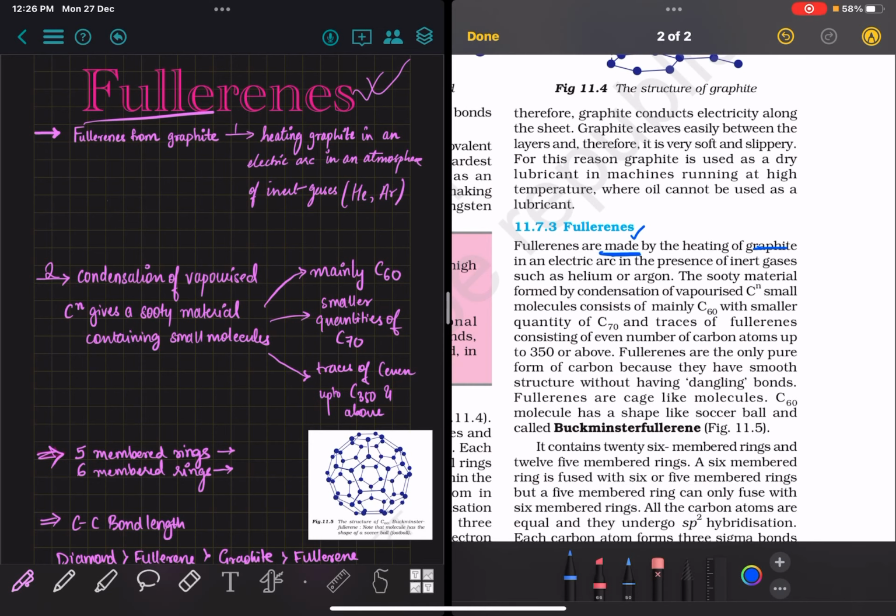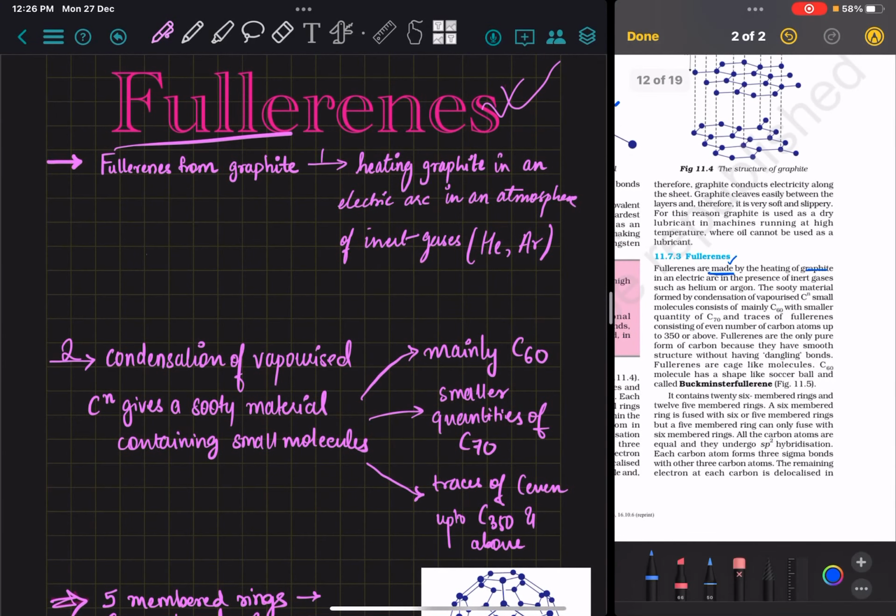So how can fullerene be made? You heat graphite in an electric arc in an inert atmosphere, that is, an atmosphere of inert gases like helium, argon, krypton, etc. When you heat graphite, obviously you get vapors. When you condense these vapors, that is the condensation of vaporized Cn, you get a sooty material.